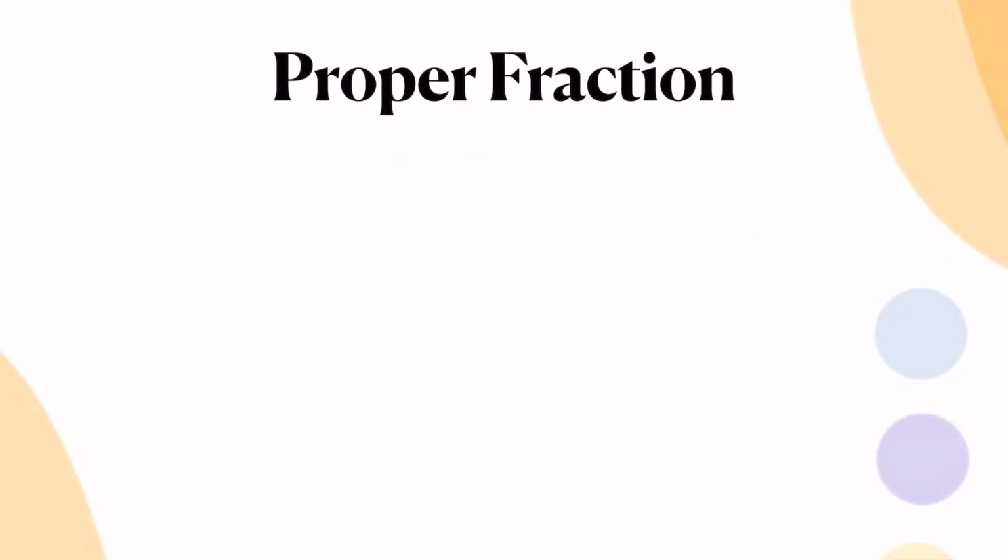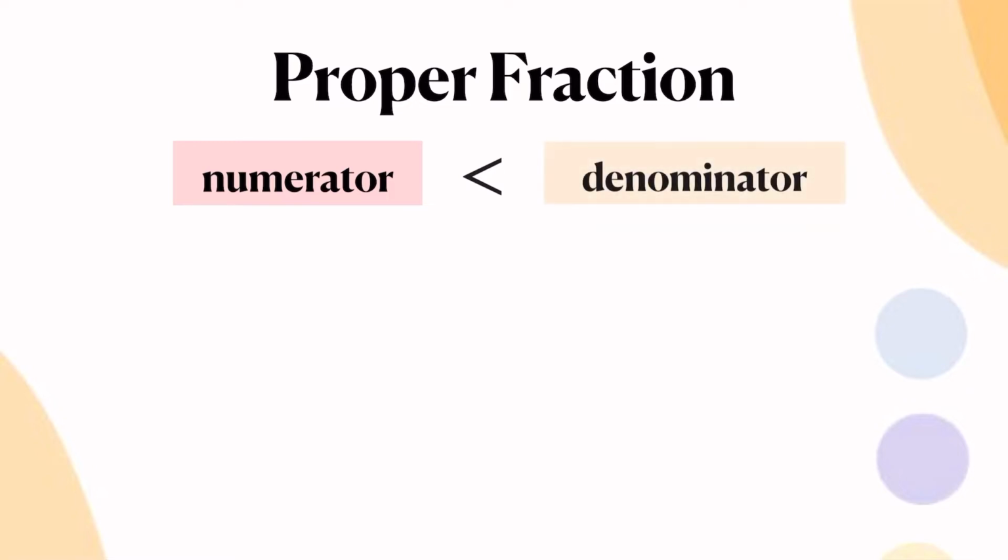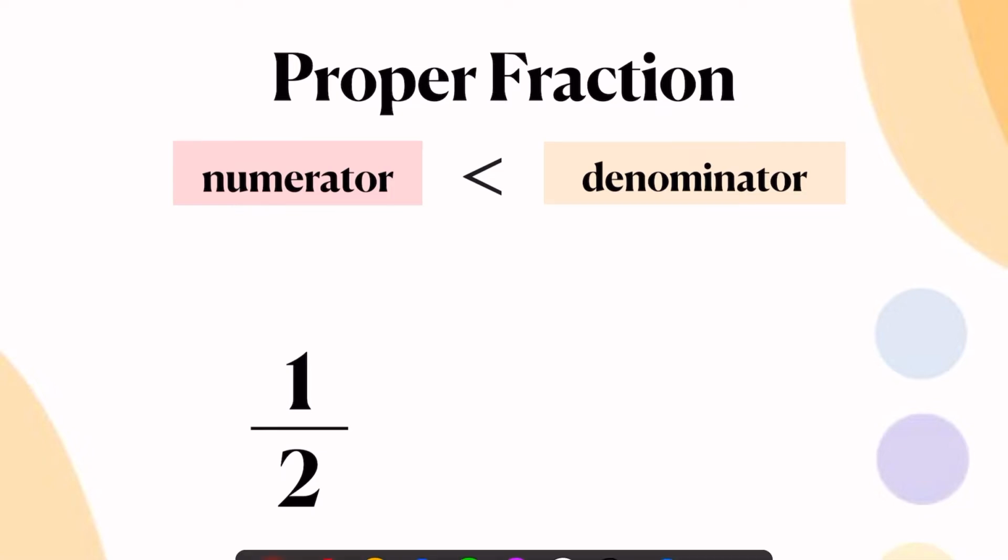Proper fractions. Let's see what a proper fraction is. A proper fraction is when the numerator is less than the denominator. For example, 1 over 2. 1 is the numerator and 2 is the denominator.